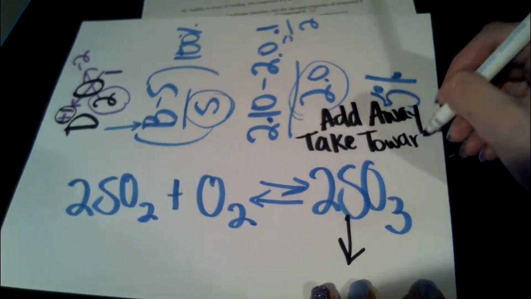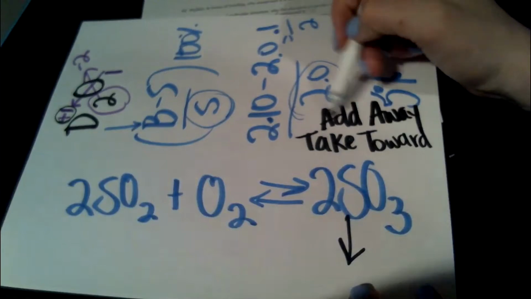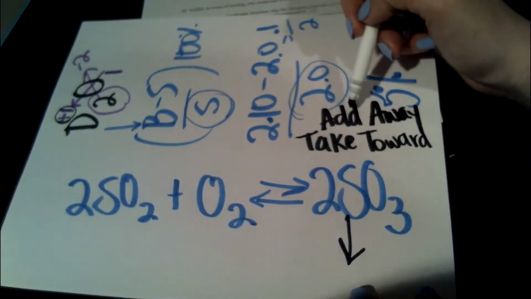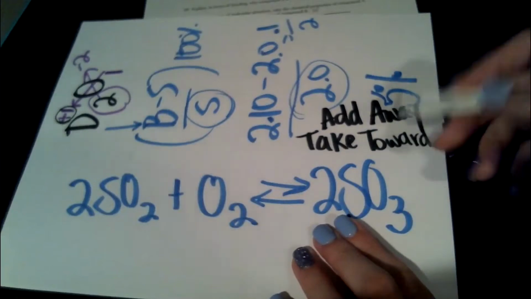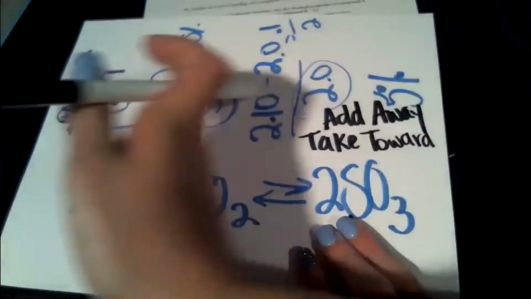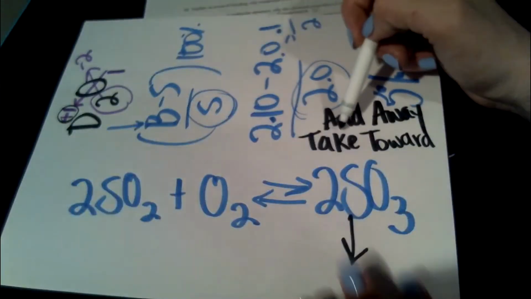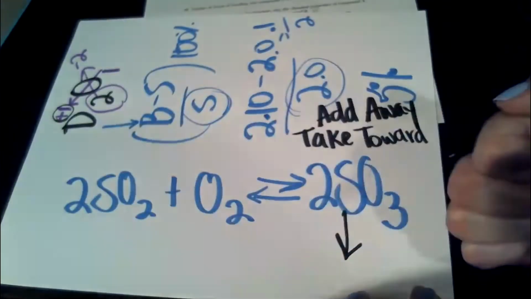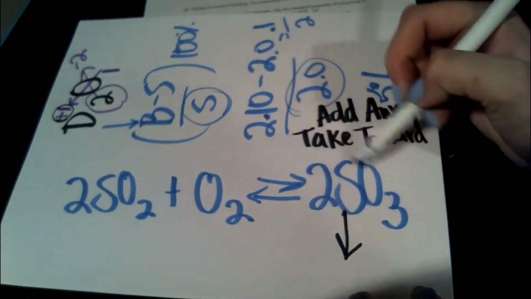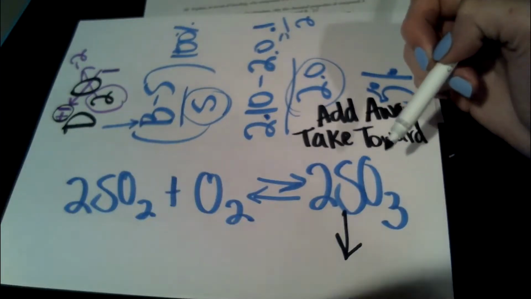So when we add to the system, say we added SO3, we would shift away from the SO3. When we take SO3 out, we shift toward the SO3. If I remove this, I want my concentrations to stay constant.